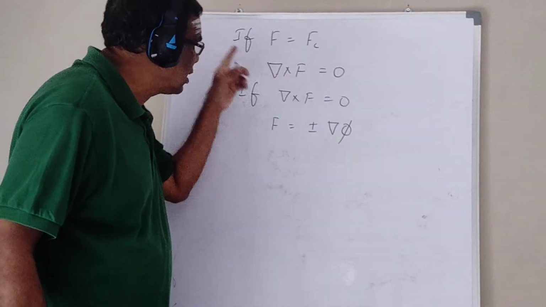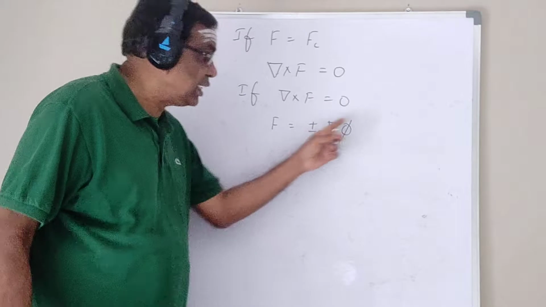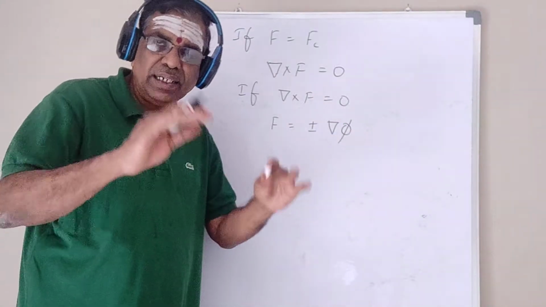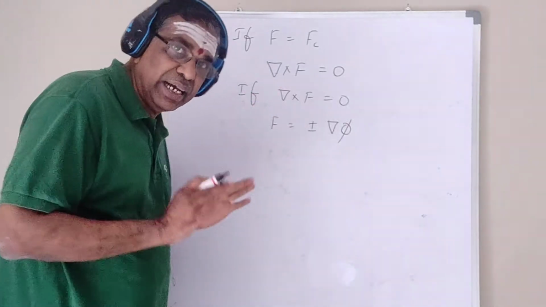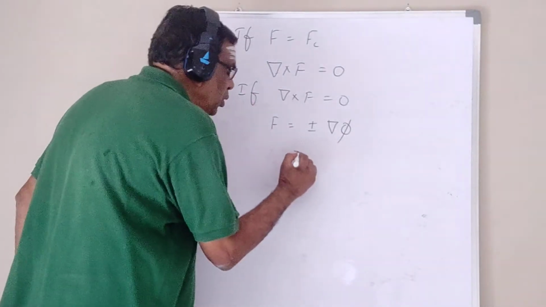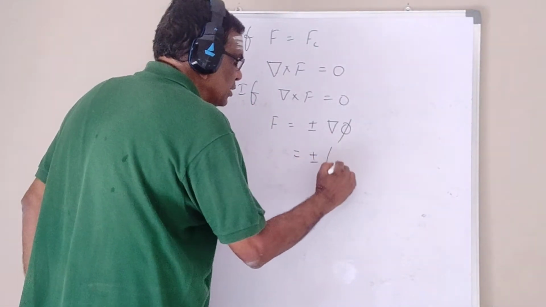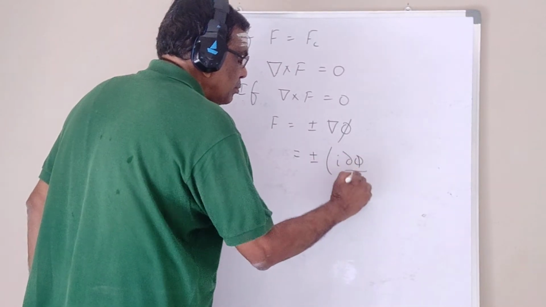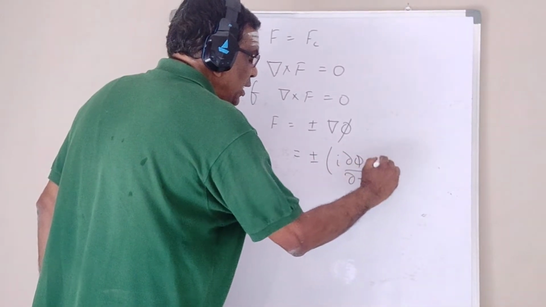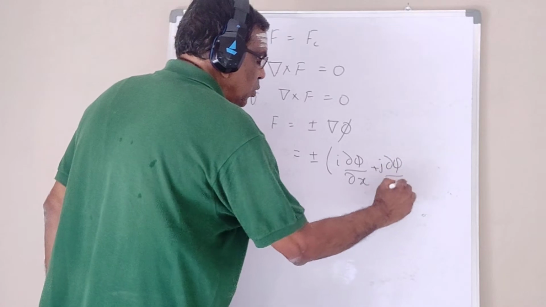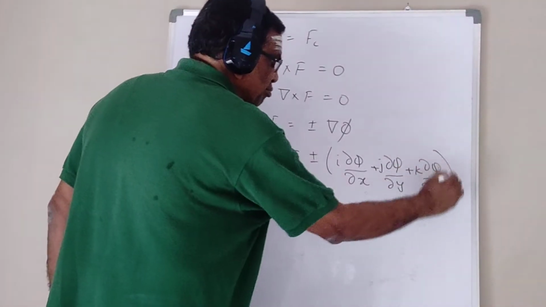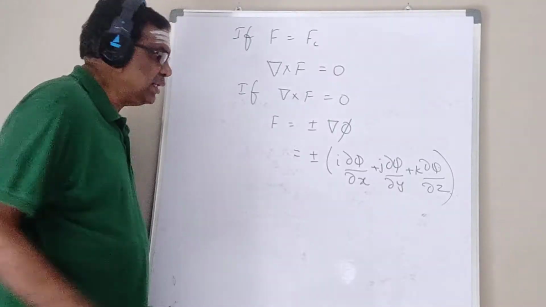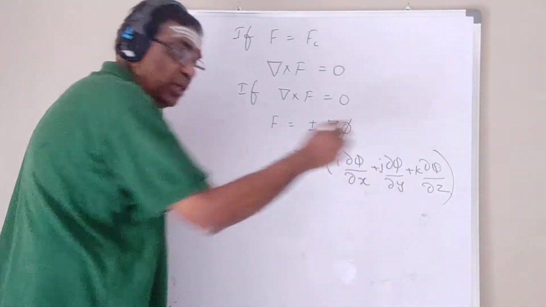Now this is del cross F, this is grad phi. Of course, you will understand these things much later, but I am not interested even if you don't get it. I am going to write this so that you won't have any confusion: plus or minus this, then F is expressible as this.